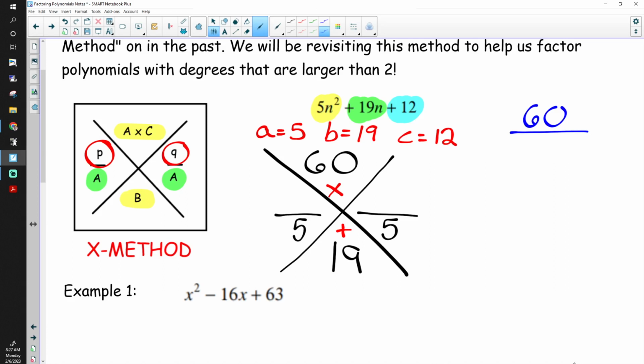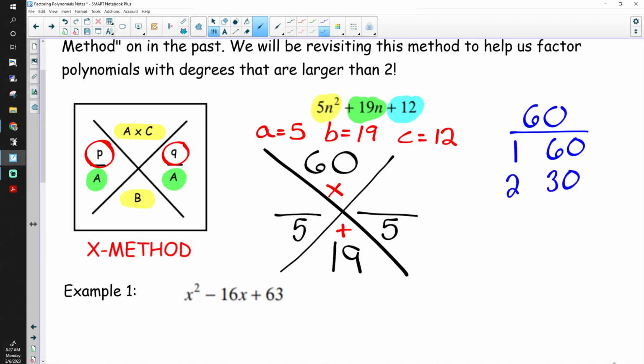Okay, so if we make a list, we know that 1 times 60 is 60. And again, we're making this list because we know our two numbers have to multiply to 60. So if I can make a list of numbers that multiply up to 60, I'll be able to find which one adds up to 19. Okay, what else makes 60? 2 times 30, right?